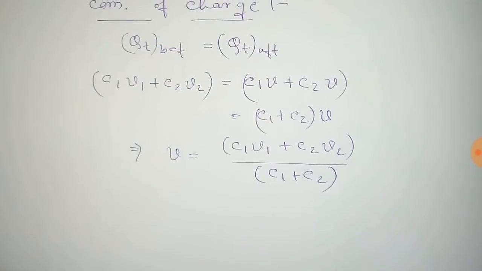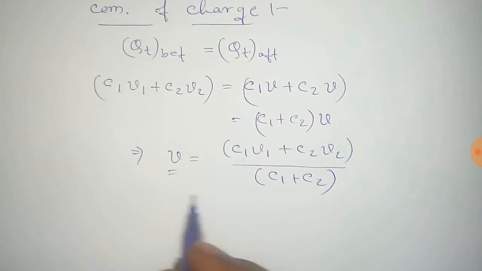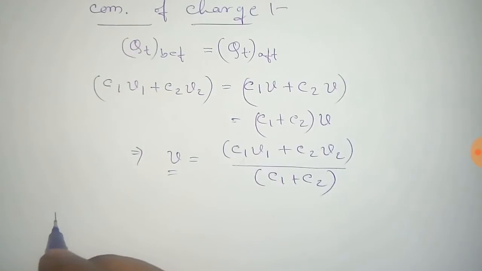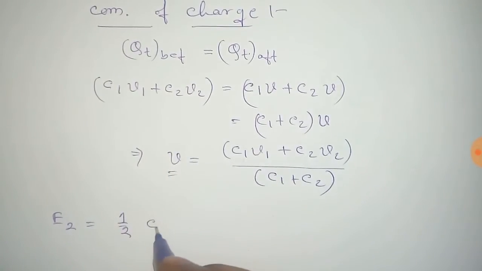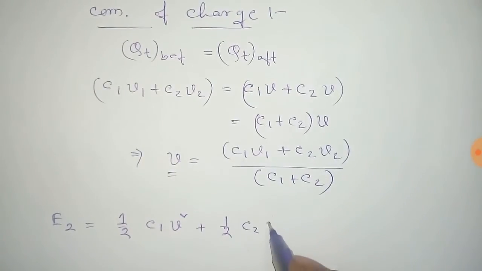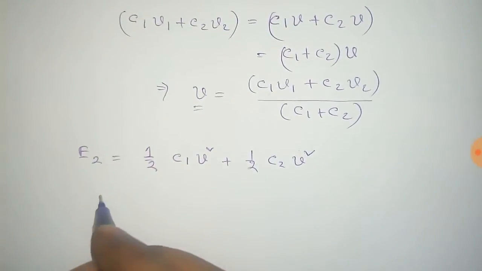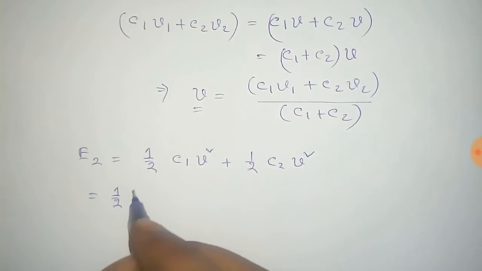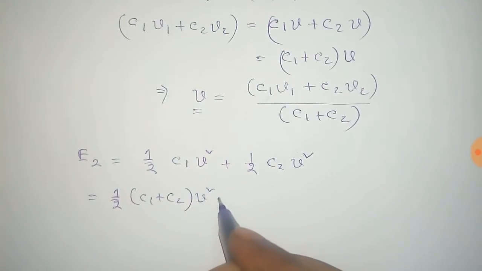Now we have to calculate the energy of the system after sharing the charges. That is half of C1 V square plus half of C2 V square, which is equal to half of C1 plus C2 into V square.